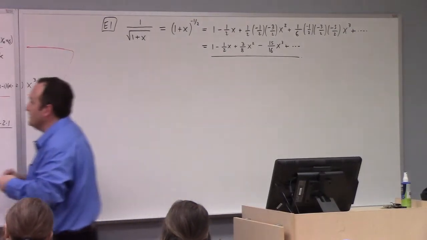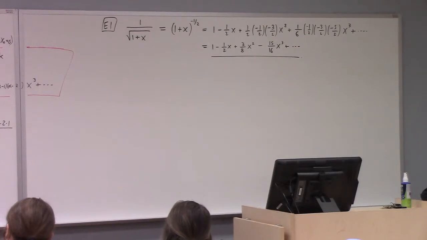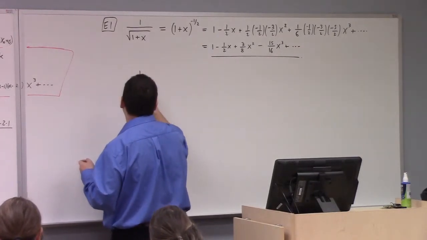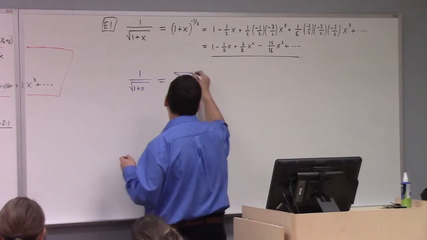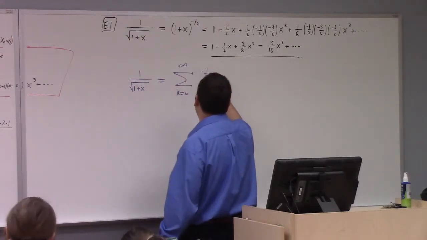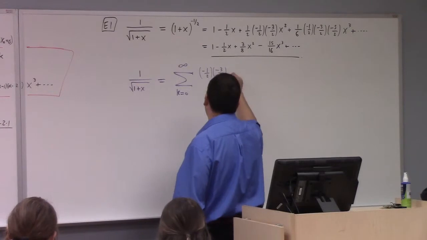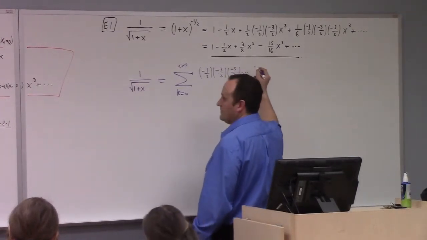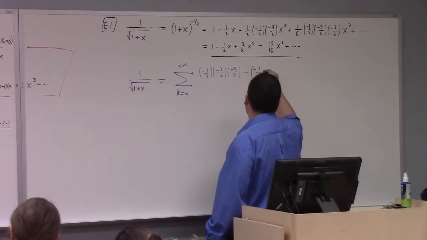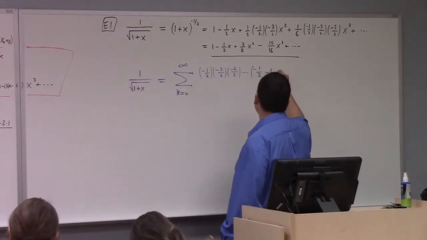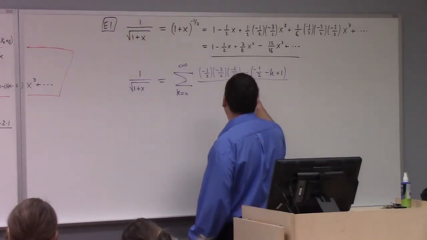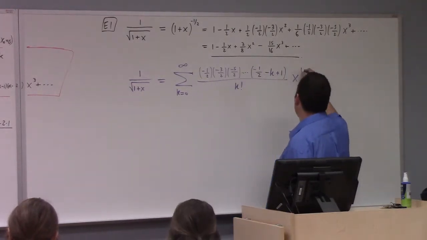Now, here is the not so nice looking general thing. 1 over the square root of 1 plus x is the sum k equals 0 to infinity of minus 1/2, minus 3/2, minus 5/2, dot dot dot, minus 1/2 minus k plus 1, all divided by k factorial times x to the power k.